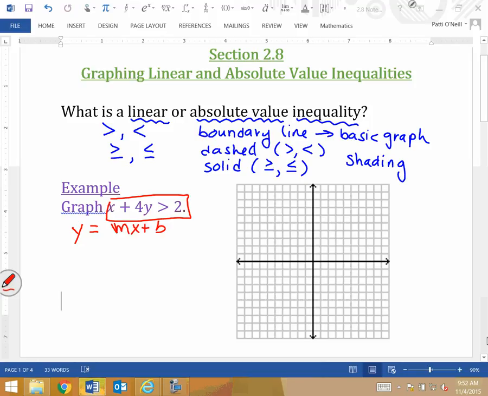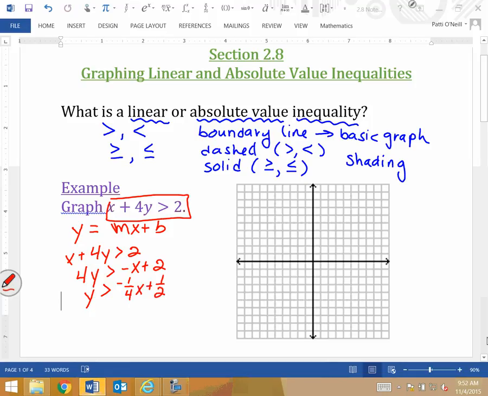So we're going to isolate the y, which means if I take x plus 4y is greater than 2, I'm going to subtract x from both sides and end up with 4y is greater than negative x plus 2, which means that y is greater than, I'm going to divide everything through by 4, negative 1/4 x plus 1/2.